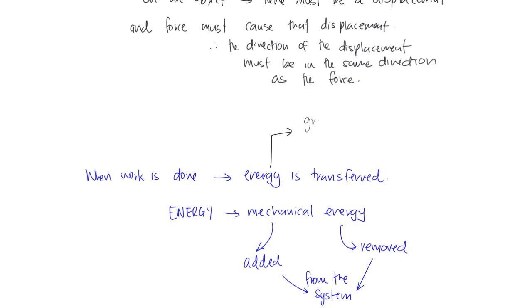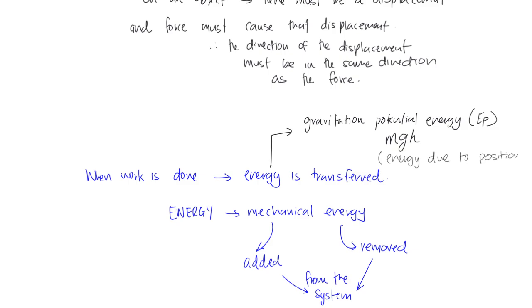We have what we call gravitational potential energy, which we're going to call EP, which has a formula mass times gravitational acceleration times height. And that is called the energy due to position, and usually position above the ground.